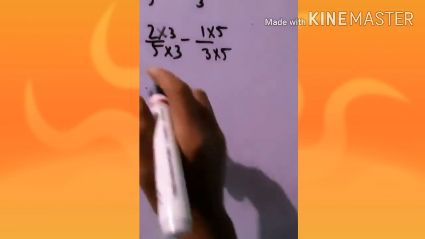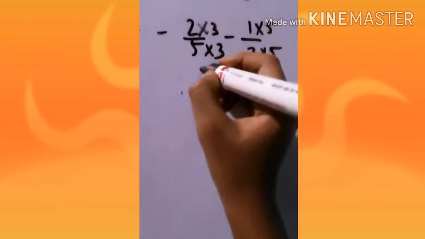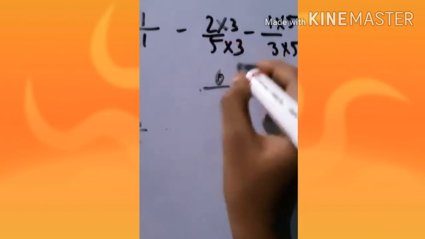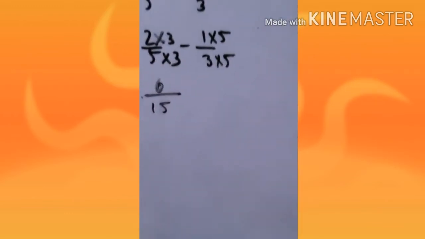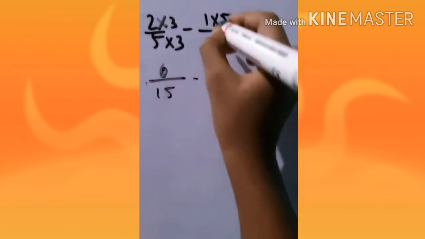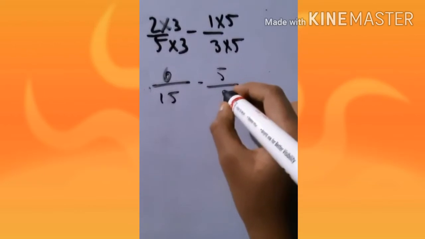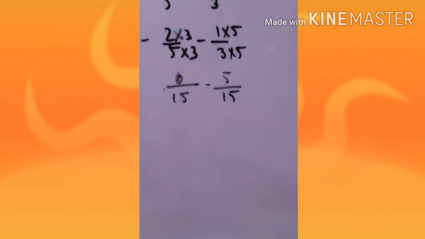Now 2 3s is 6 and 5 3s is 15. This also minus 1 multiplied by 5 is 5, 3 multiplied by 5 is 15.